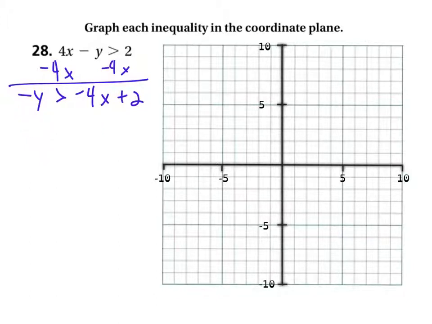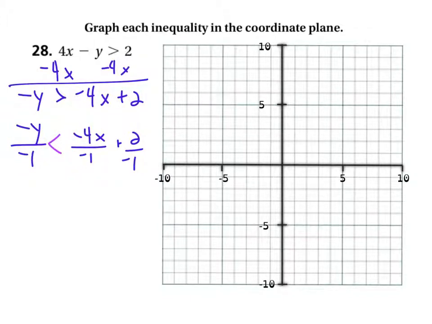Because at the very moment that you divide by negative 1, negative y divided by negative 1, negative 4x divided by negative 1, and positive 2 divided by negative 1, the inequality switches direction. Negative y divided by negative 1 is equal to y, so its sign has been switched.